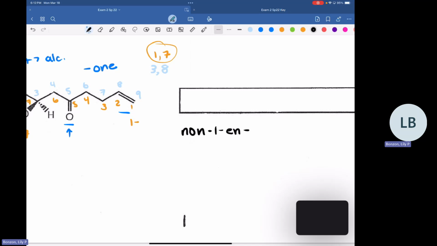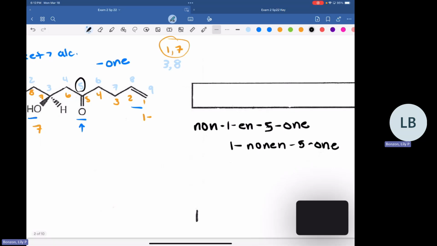Again, you do have to indicate the number for the ketone because it could be anywhere on the molecule. And so in this case, we have it at carbon 5. So we'll put 5-one. So our parent is going to be non-1-ene 5-one, or you could do 1 non-ene 5-one. Either one would be fine.